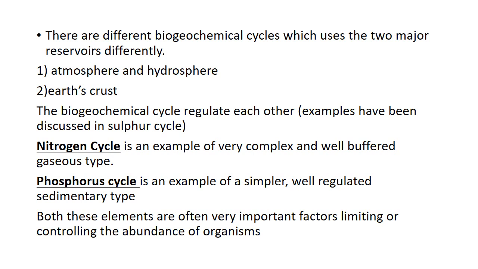In the nitrogen cycle, the reservoir is majorly the atmosphere, as we have 80% nitrogen in air, while the phosphorus cycle is of a sedimentary type and the major reserves and reservoirs are present in the Earth's crust. Both these elements are often very important limiting factors, controlling the abundance of organisms.